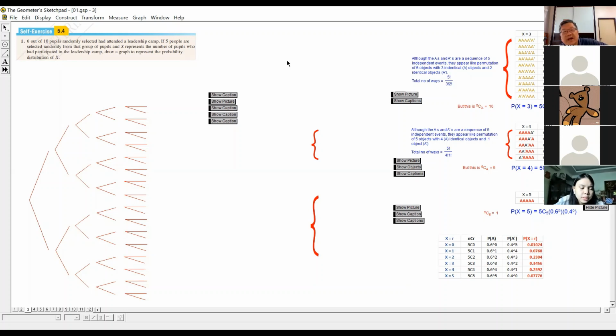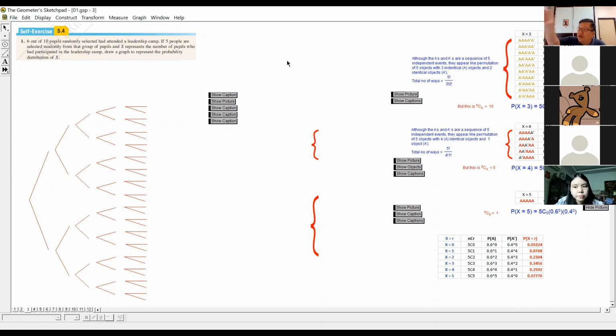It's repeated how many times? 6 out of 10 have attended the course. That means out of 10 of them, 6 attended the course. We are not choosing 6 of them. We know the result is 6 over 10. The probability of attending is 6 over 10.